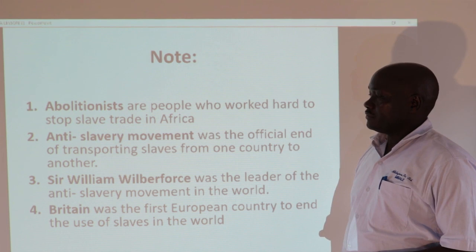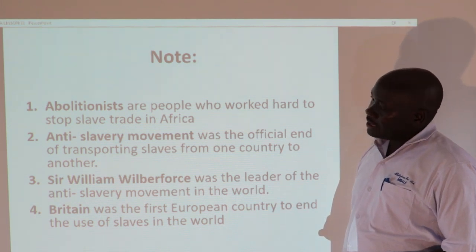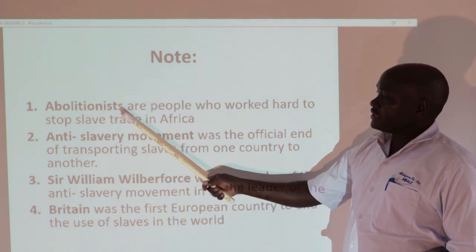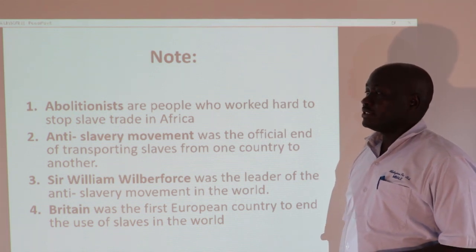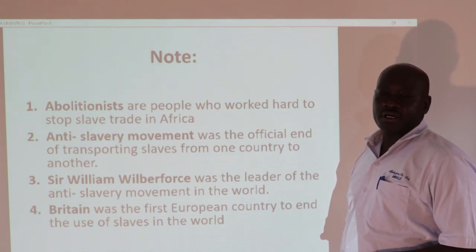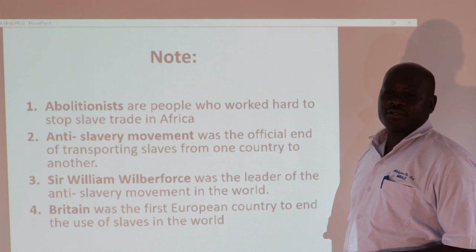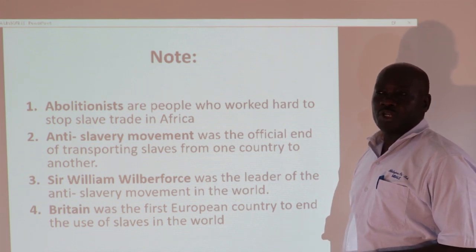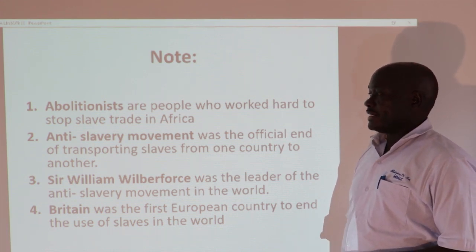Then we have our notes here. Abolitionists are people who worked hard to stop slave trade in Africa, like Abraham Lincoln, like Sir Wilberforce, and many others.